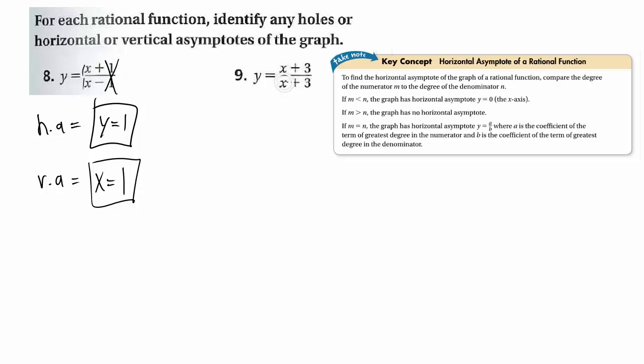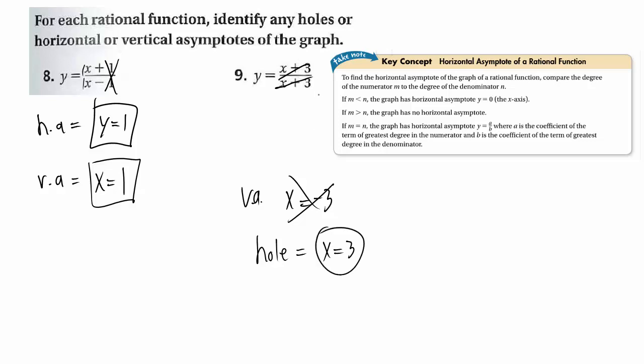To give you another example, here we should have a vertical asymptote. We would expect to have a vertical asymptote at x equals -3 because we're dividing by 0 when you set x equal to -3. But here's the problem. It's not a vertical asymptote because these factors cancel out. So instead of having a vertical asymptote, you're going to end up having a hole at exactly x equals 3.